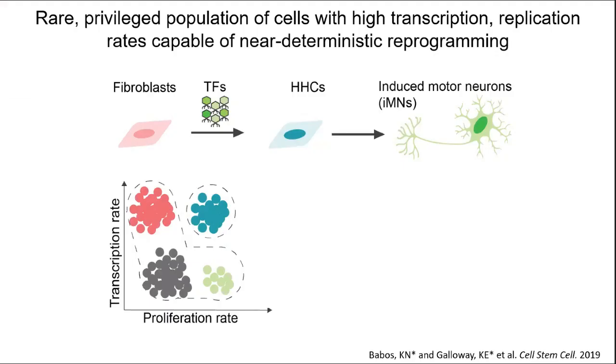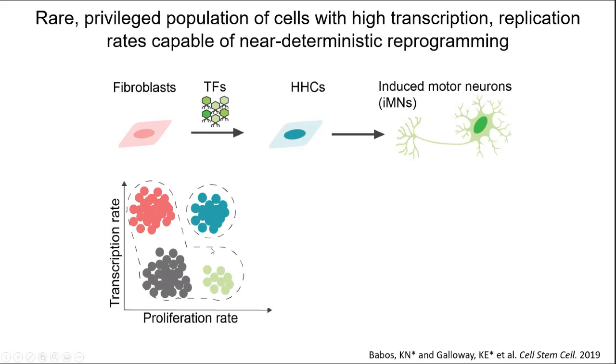And so I'm going to give you all the talk in hopefully just one slide here. What we found was that there existed this rare population with high processing capacity. And by that I mean there were cells that could have high transcription rates combined with high proliferation rates. And that population was extremely rare.